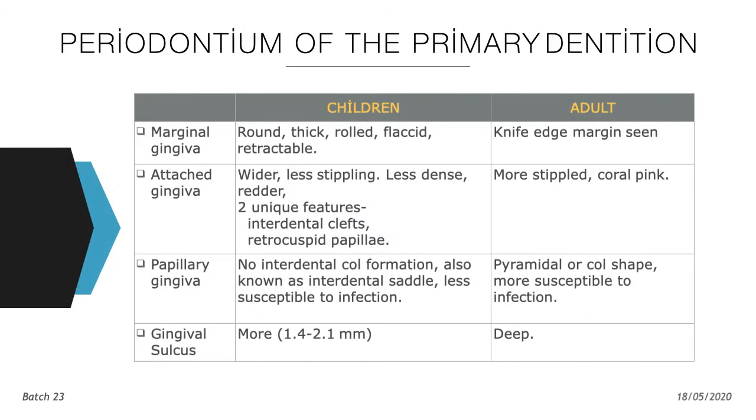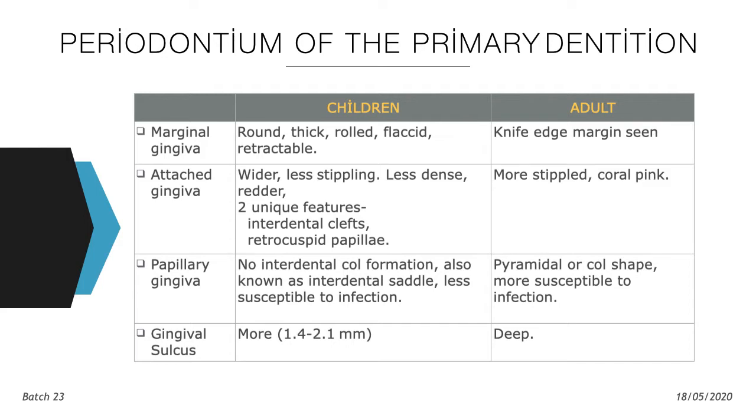So basically, what is the difference between a primary dentition and permanent dentition when compared to gingiva and periodontium? The periodontium of primary dentition, how does it differ from adult? Basically, in the adult gingiva the marginal gingiva will be knife edged in shape. The attached gingiva will have more stippling and be coral pink in color.